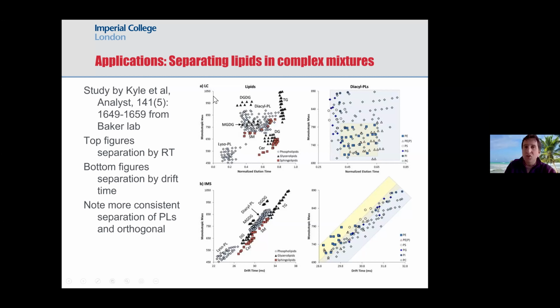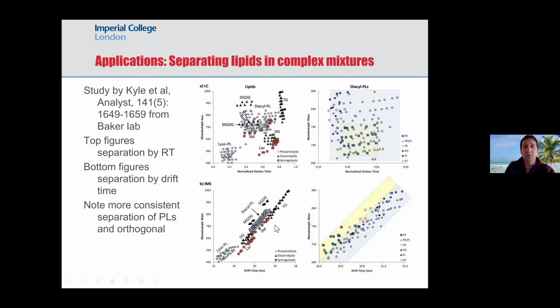And then we've got mass to charge ratio over here. So the LCMS does a pretty good job of separating out different lipid classes, certainly the lysophospholipids, as we've already seen, and the triglycerides as well. But if you zoom in into the middle, you've got a lot of overlap between these diacyl phospholipids, which can make it very difficult in terms of interpretation.